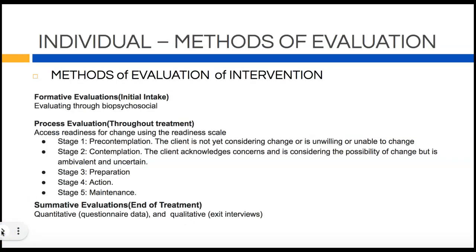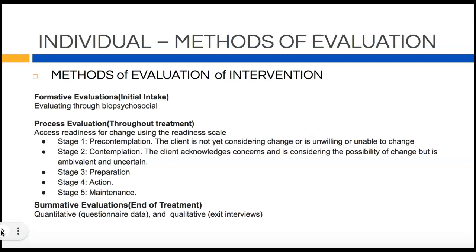The methods of evaluation of the intervention are ongoing. So initially, we would complete formative evaluations, and this is done through the biopsychosocial. We are first learning about the client. We are first learning about where they are cognitively, mentally, and as far as their sobriety, and as far as their unmet needs.